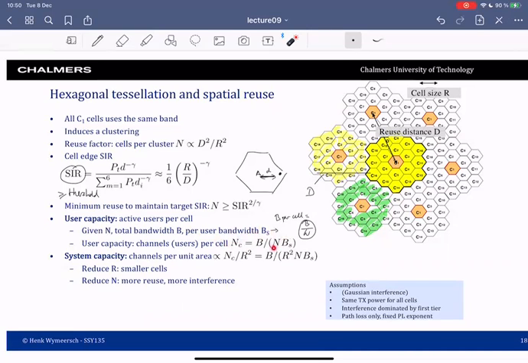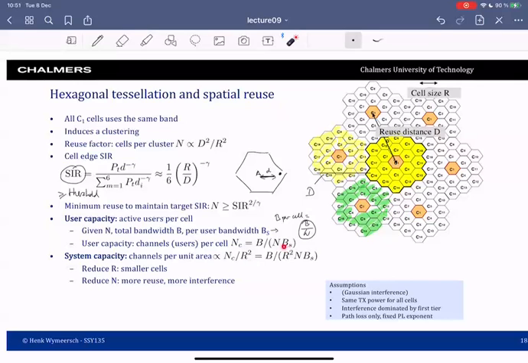And this gives you an indication of how you should design your system if you want to support a certain number of users. There's also a notion called system capacity. These concepts of capacity are not capacity in the information theoretic sense, they're from a mobile network perspective. That's the number of channels you can create per unit area. So the number of users you can support per cell divided by the area of that cell.